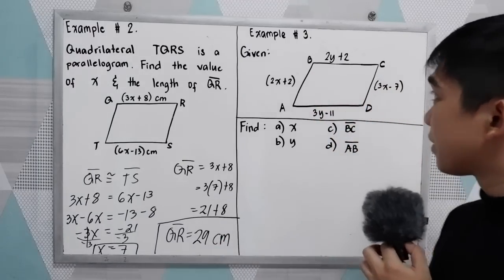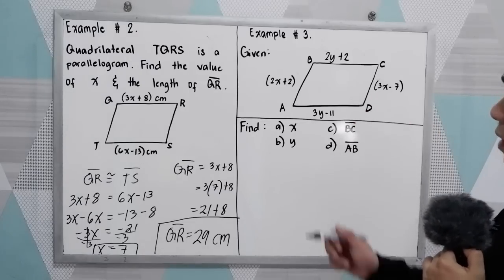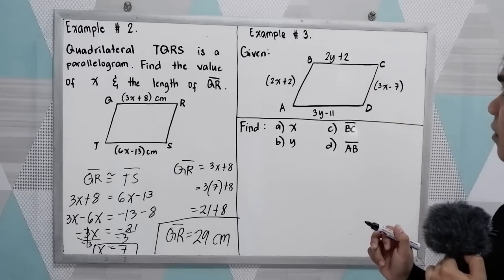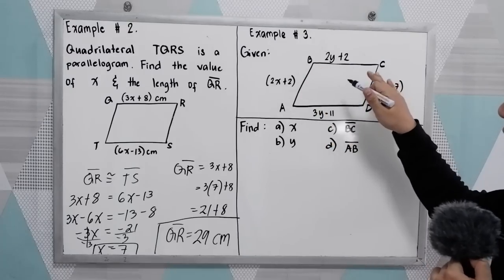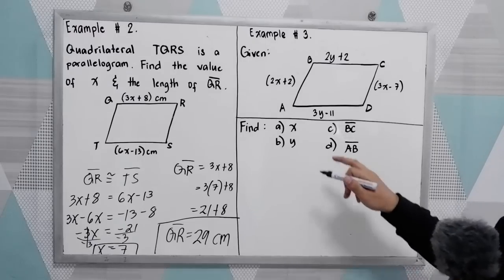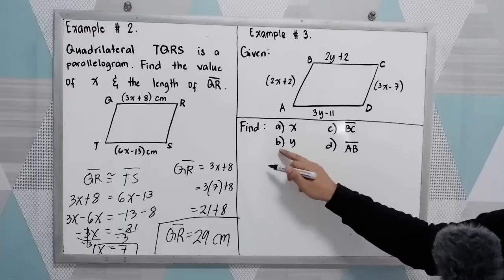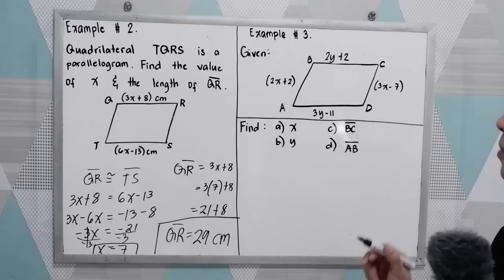Now, example number 3. So, we have our given parallelogram ABCD, and we have the corresponding sides and their given. We're going to find the value of y, the value of x, segment BC, and segment AB.